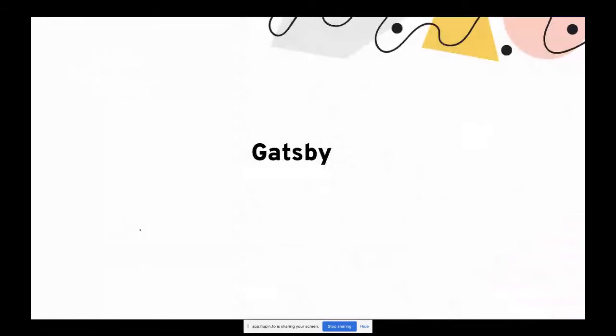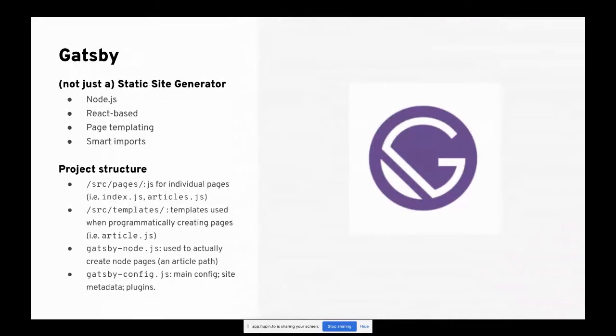So to start off with Gatsby, it is a static site generator for Node.js. We'll see that in this particular implementation, they will often say, we're not just a static site generator, and they are really proud of their ability to pull in various services into its build process.